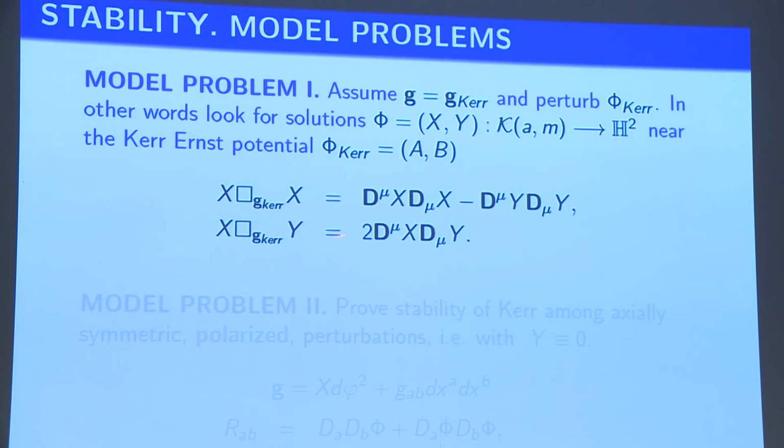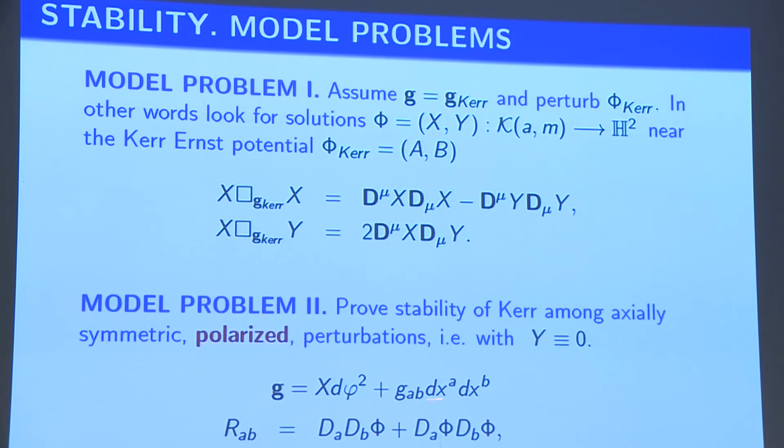This is how it looks around the solution that you already know that you have, which is exactly the one of the Ernst potential of the Kerr metric. So in other words, you have this system of nonlinear wave maps, but you have a specific solution. When you take x to be A and y to be B, you get a specific solution, and now you want to perturb around it. So that's model problem number one.